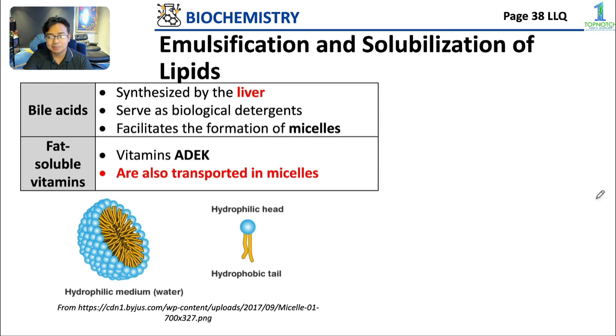These are substances mainly synthesized by the liver, and they serve as biological detergents that facilitate the formation of micelles. Micelles are energetically favored configurations of lipid molecules when suspended in aqueous medium. Now, besides the aforementioned lipid substances, the fat solubles ADEK are also transported in these micelles.